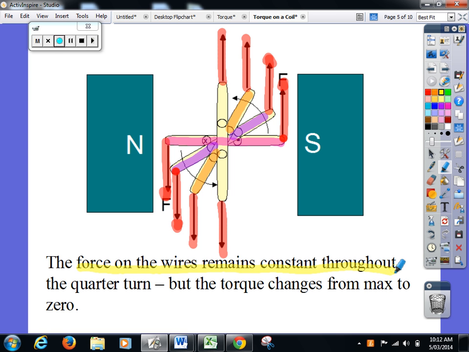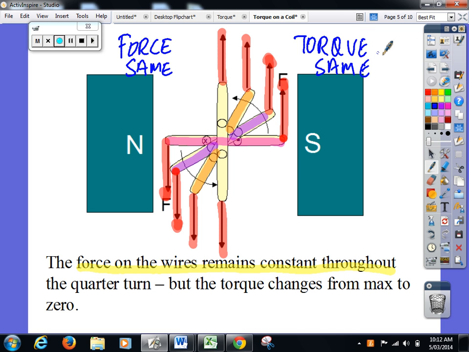My question is, if the force is the same, is the torque the same? What did you say? No. Why? Yes, the torque does change, but why?